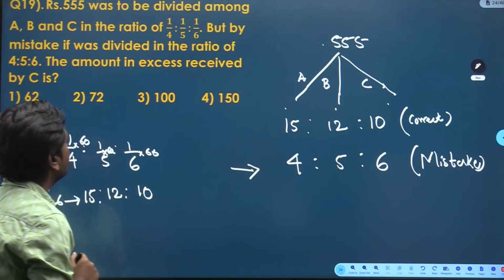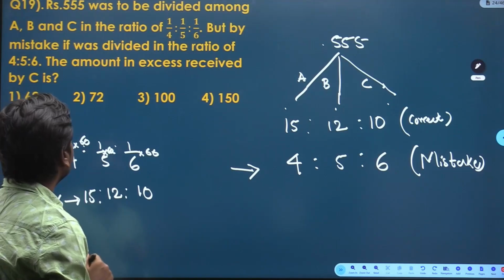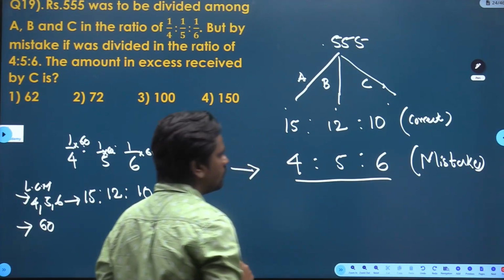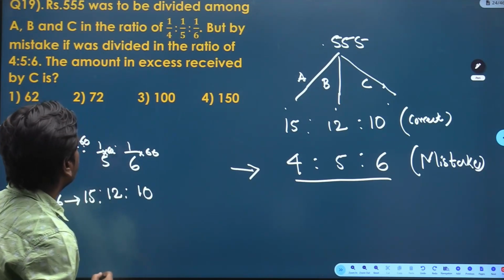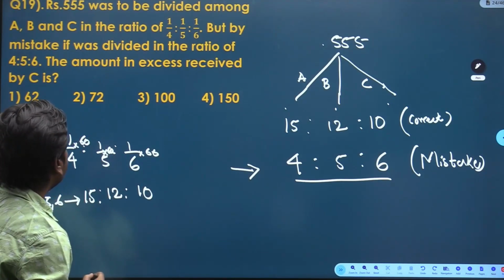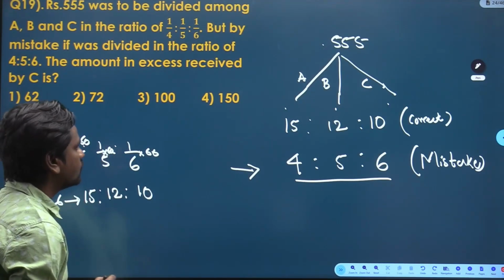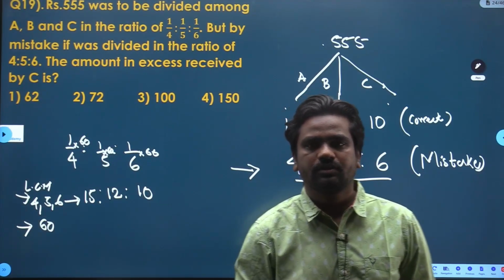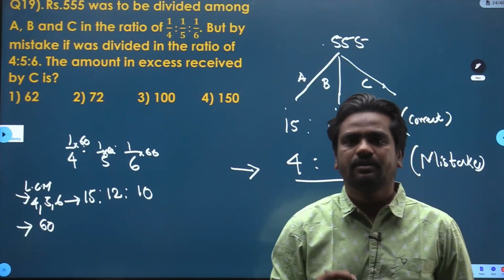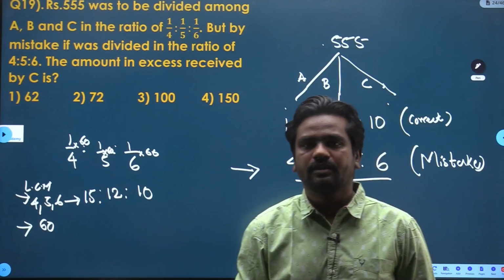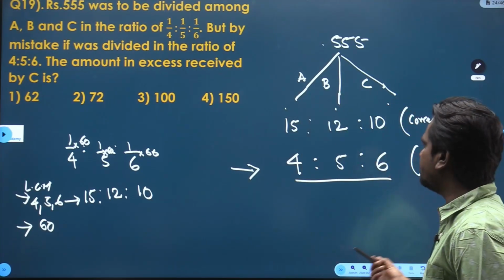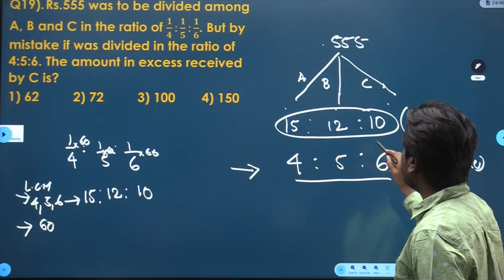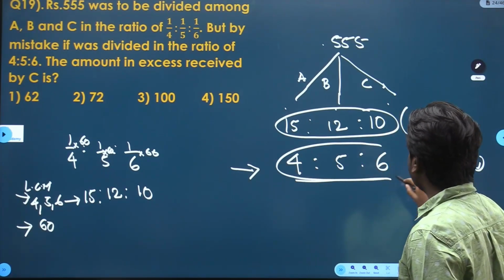he has distributed in this ratio, right? So what is the question? The amount in excess received by C. So because of that mistake, the mistake is in the distribution. C should be distributed according to this ratio, but by mistake the amount is distributed in this ratio.